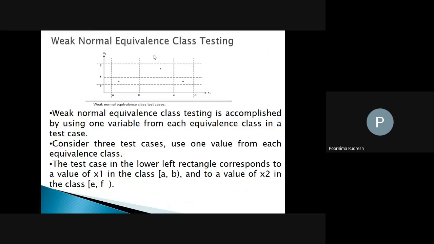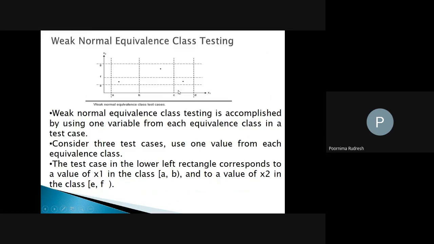Right? Understood? Similarly, if we consider one more test case here, between C and D, one more test case is there. Right. Then what will be the value for this? The test case in this particular rectangle corresponds to the value of x1 in the class parenthesis C comma D square bracket.